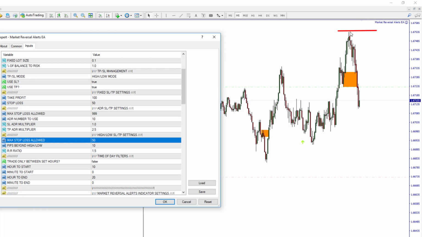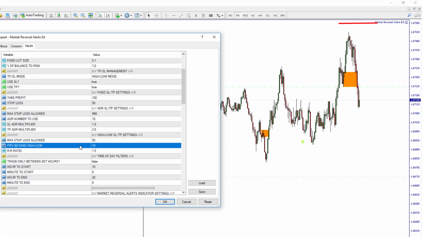So the EA will place the stop at that point plus a set number of pips beyond the high or the low. In this case, it would measure from your entry to the high and then add 10 pips above there to give you some breathing room in case the market comes up and stop hunts this level and then drops again, and gives you a bit of leeway at the top.